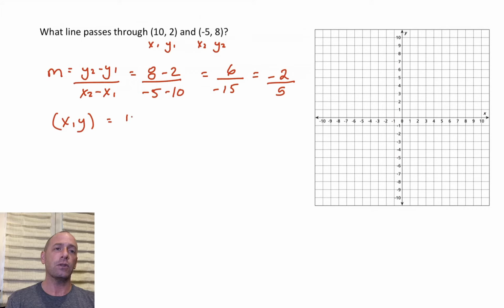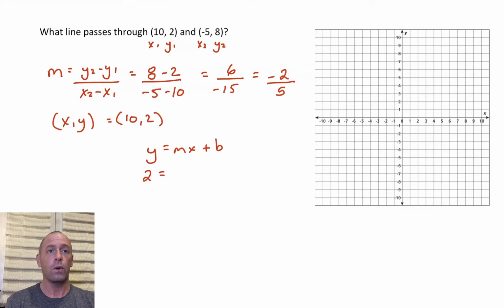So the x and the y value I'm going to use is 10, 2, just because everything was positive, nice round numbers. And we know our slope of -2/5. So now let's substitute this into the equation y equals mx plus b. Y is 2, m is -2/5, x is 10. The b we're not sure about yet.